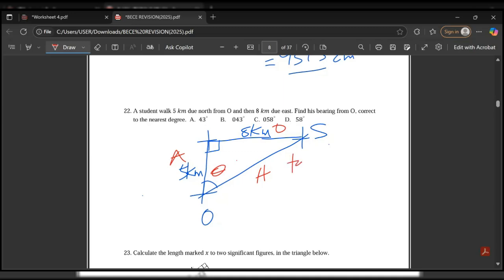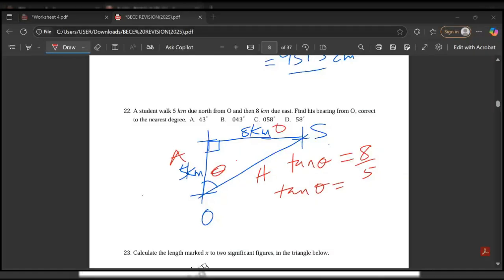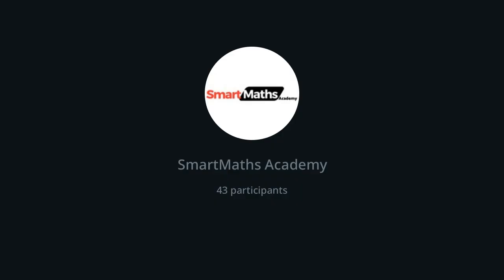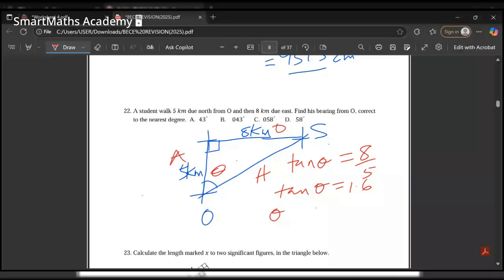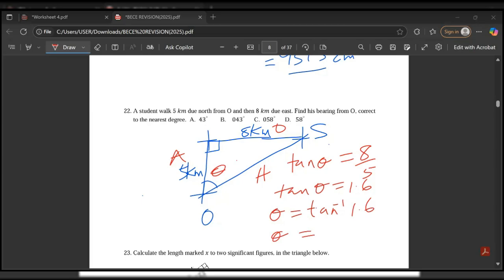Tan theta equals 8 divided by 5. That gives 1.6. So theta equals arctan 1.6. When you change tan to the other side, you get arctan. How do you get this from your calculator? It depends on the calculator you're using.